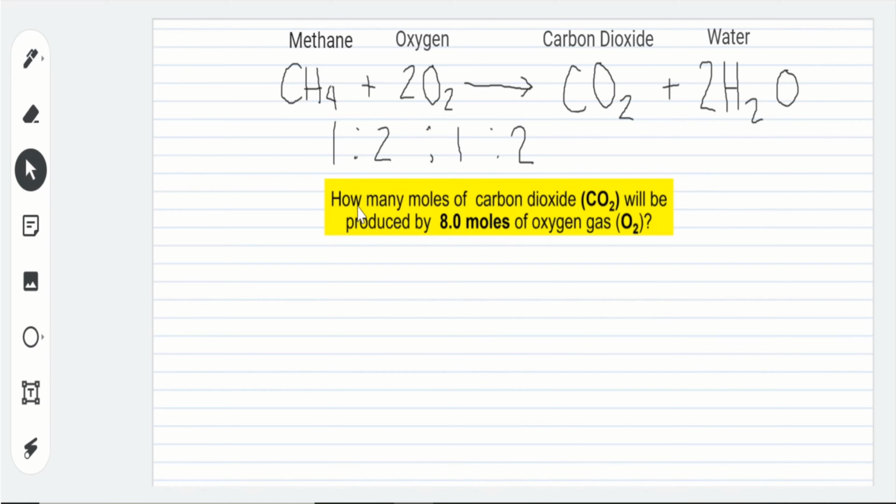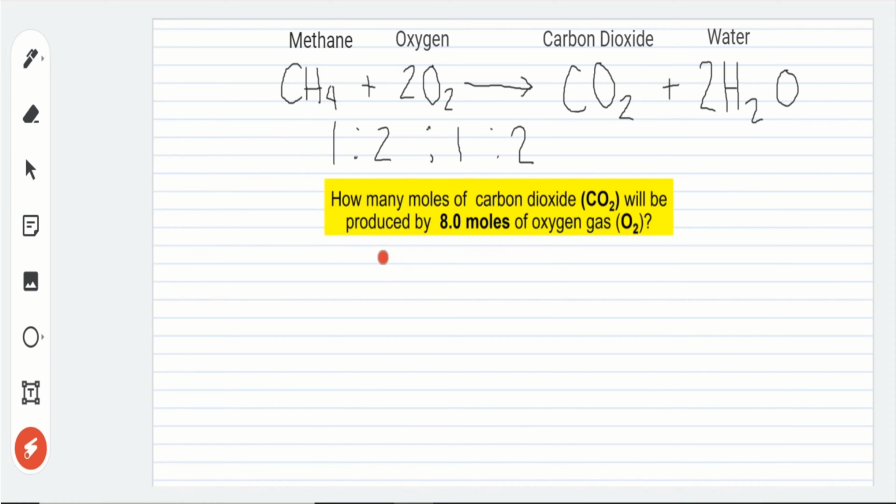Again, we have the same chemical equation, and the ratio of reactants and products is 1:2:1:2. So this time, we have a different problem.